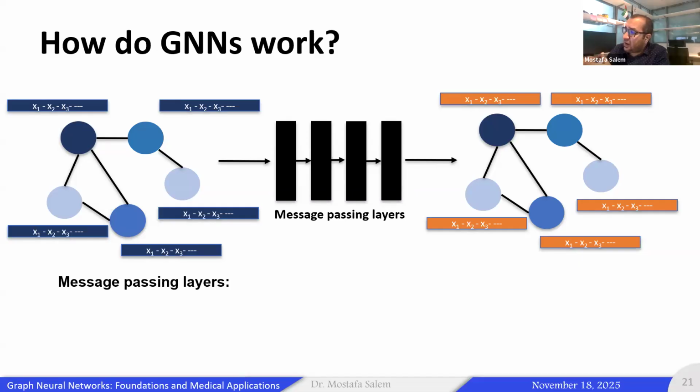The graph will pass through these layers one after the other, and after that you will have another graph output from the GNN, but with each node learning more information about itself and the other neighbors in the graph.